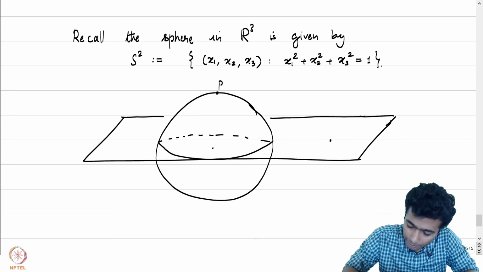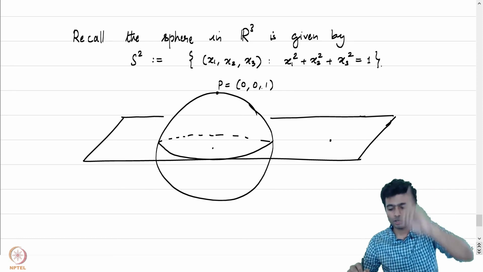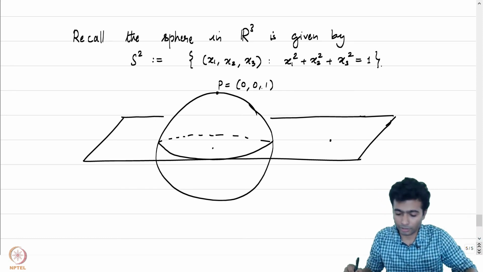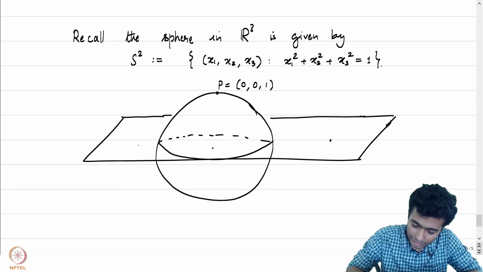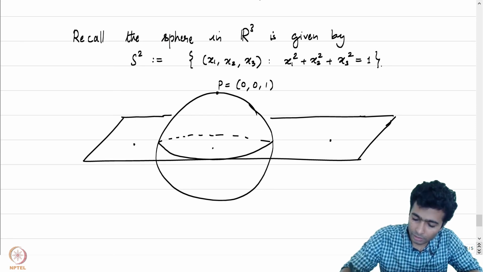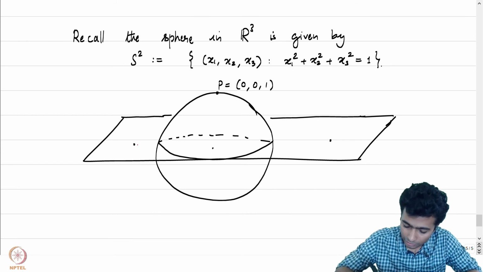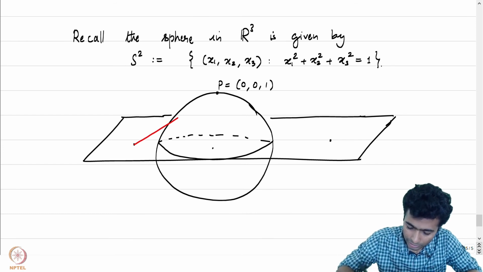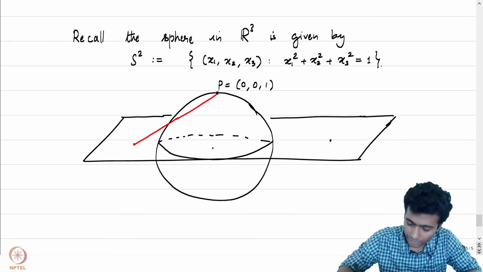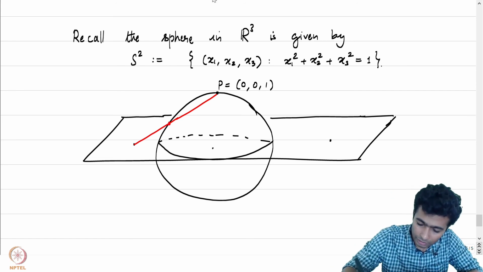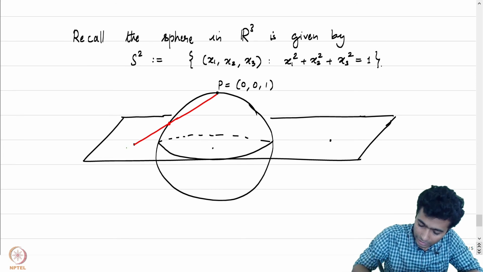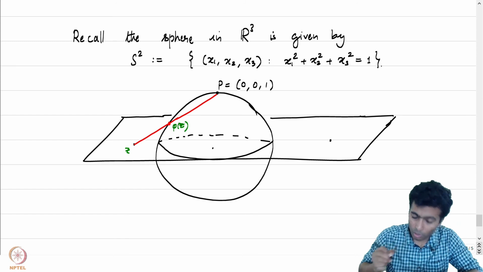Let's call this point P, which is the point 0, 0, 1, which is at the top of the unit sphere. And for a given point Z in the complex plane, let me use another color. Let's join this point Z with the point P. So, given Z here, there is a point phi of Z on the unit sphere.